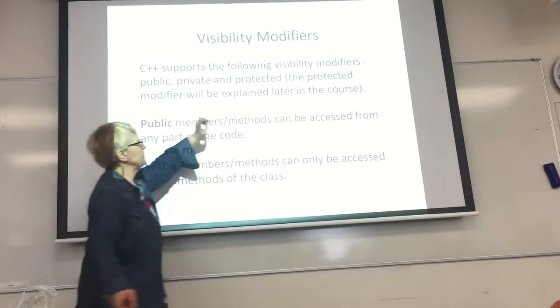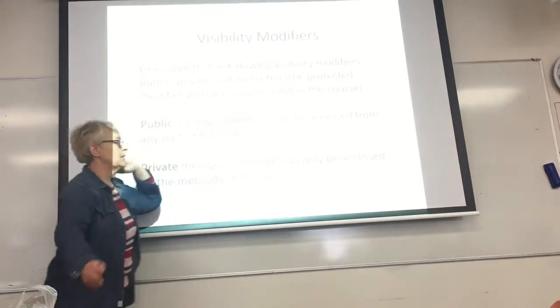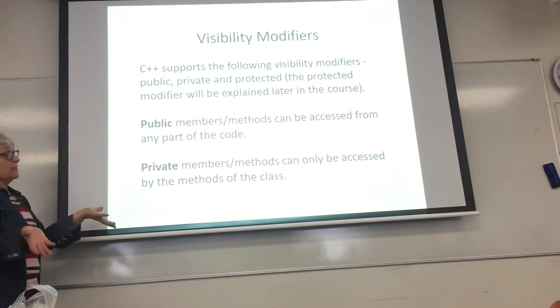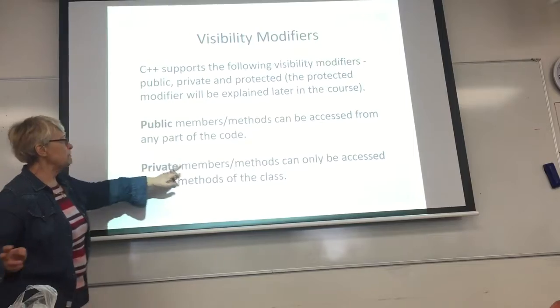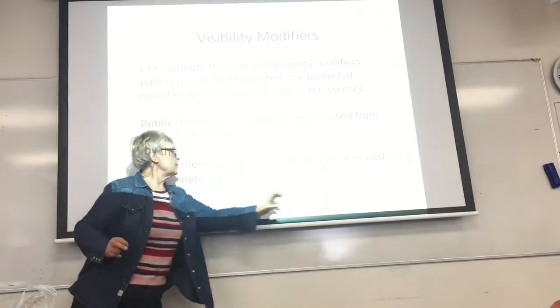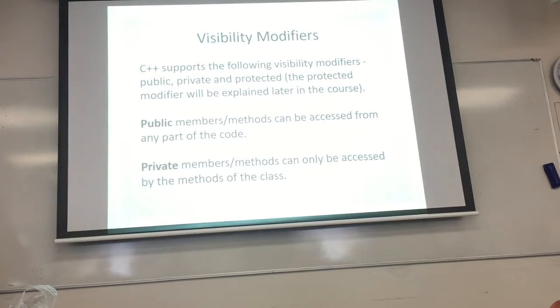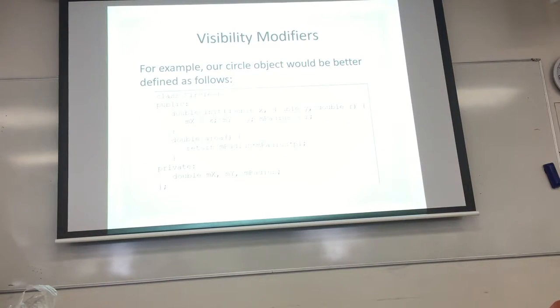Public members and methods can be accessed from the outside world, and of course from inside as well. Private members and methods can only be accessed by the methods of the class and by the other members of the class.